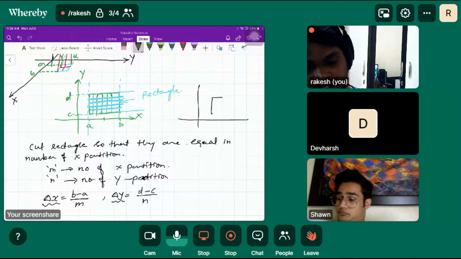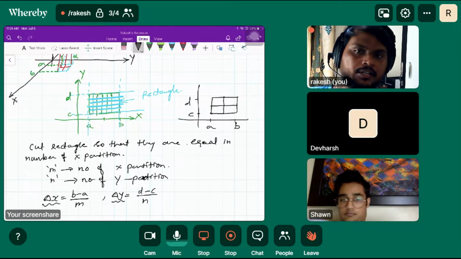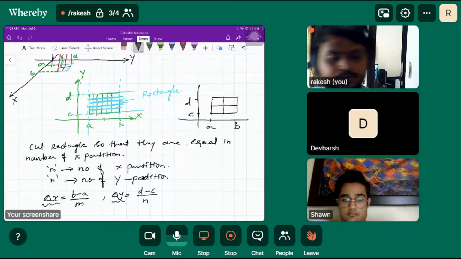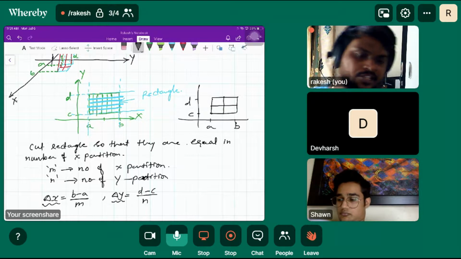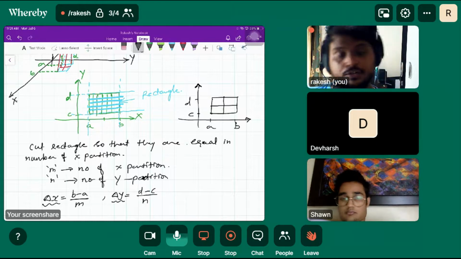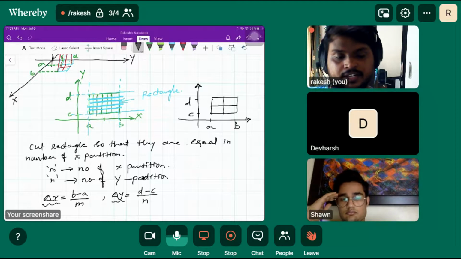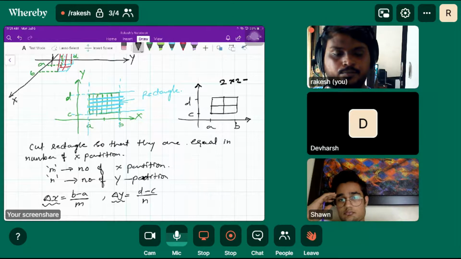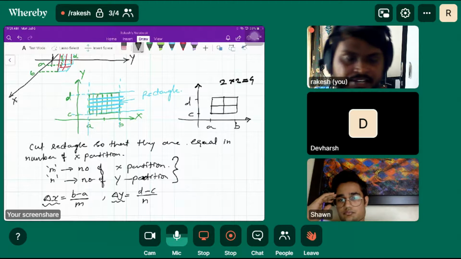If we have a rectangle here, A, B, C, D, and we divide this rectangle into four equal area rectangles like this, or I can say if I divide the interval along the x direction into two partitions and the interval along the y direction into two equal partitions like this, we will definitely get four rectangles, because 2 into 2. So in this case, how many rectangles are we getting here?